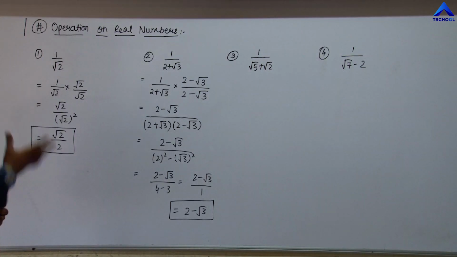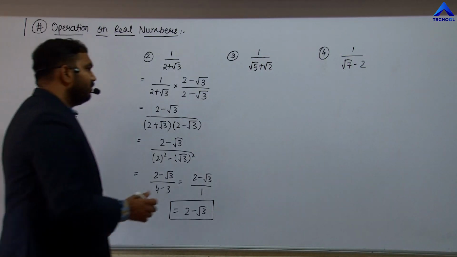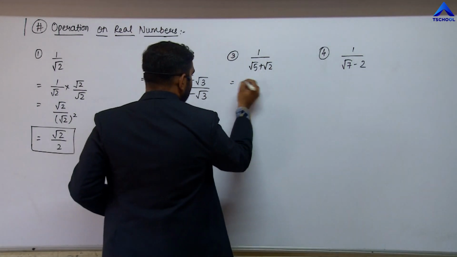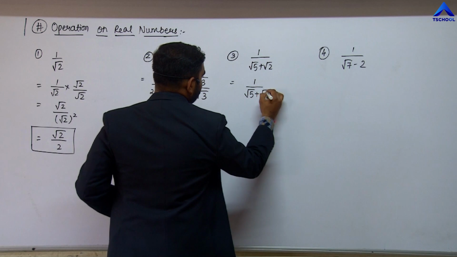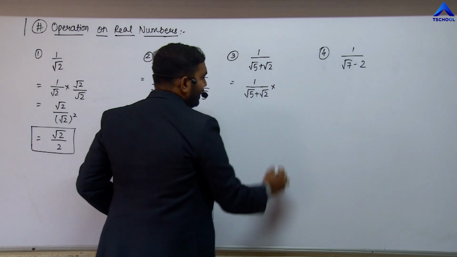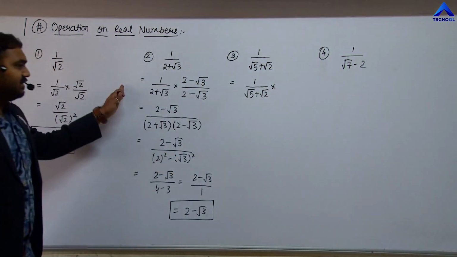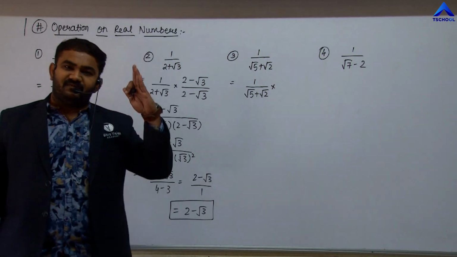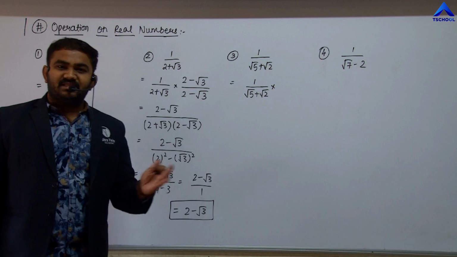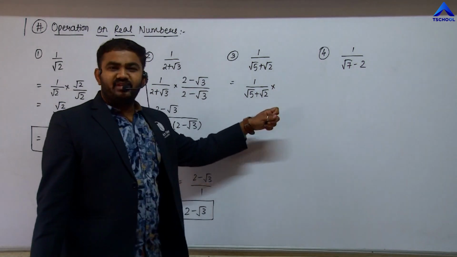Again, I have one more example here. 1 upon root 5 plus root 2. So simply this can be written as root 5 plus root 2 multiplied by, what did I say in this step, simply changing the sign of the second term. The second term here is root 2, which is plus.